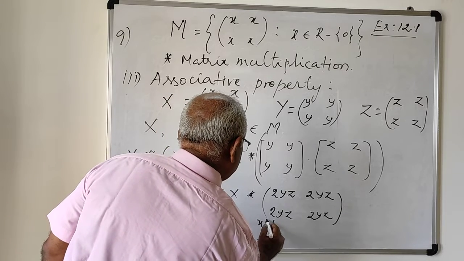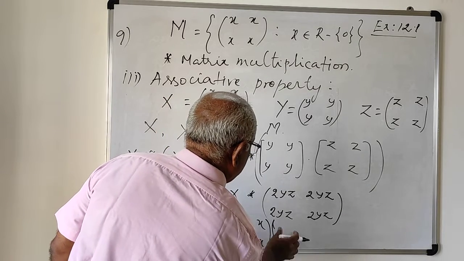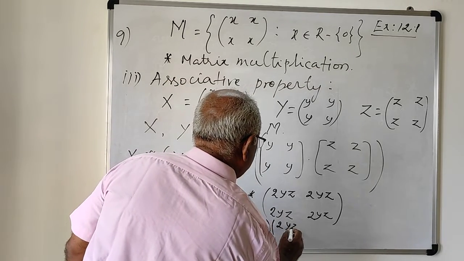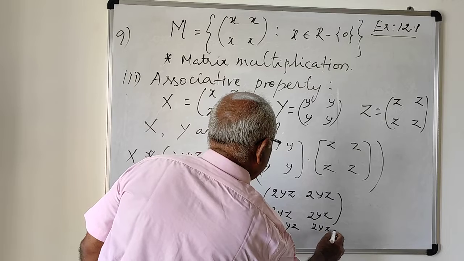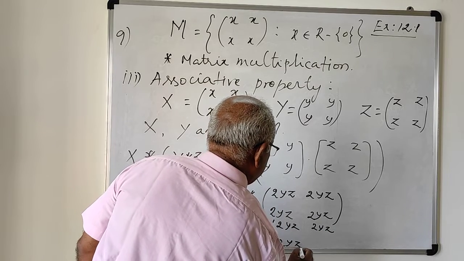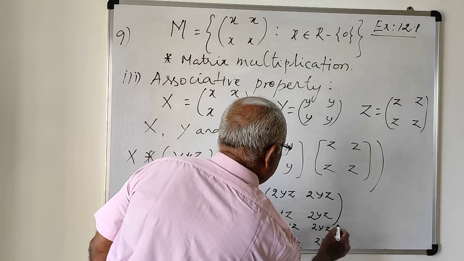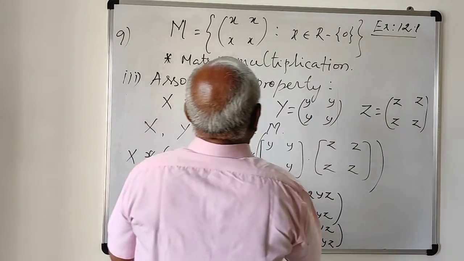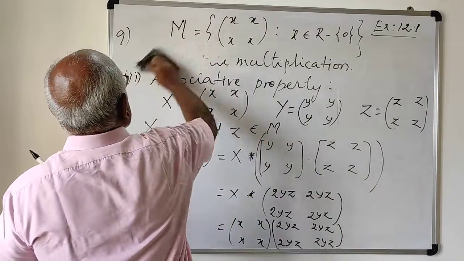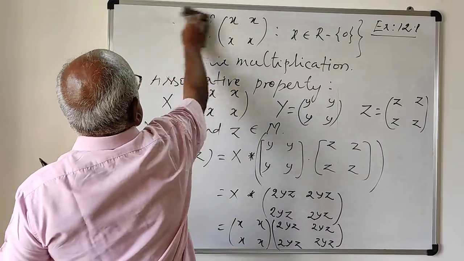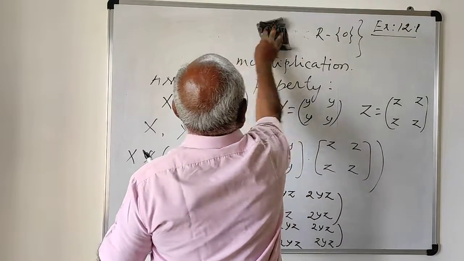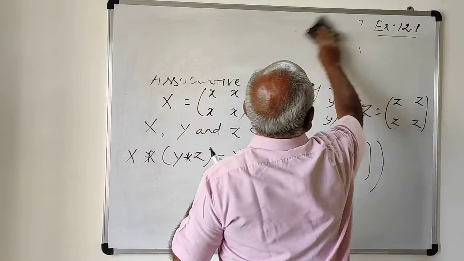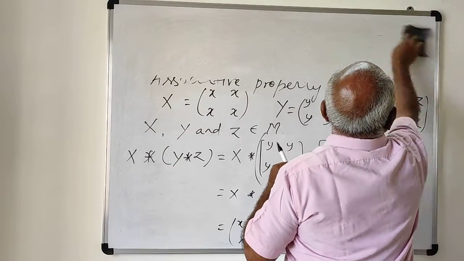Now, X star (Y star Z), that is X and Y star Z is the matrix with 2YZ in every entry. We do matrix multiplication of these two matrices.